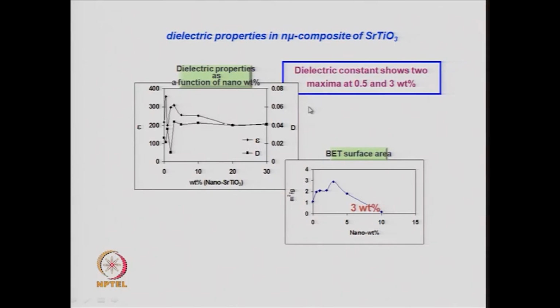So, what is clear from these two cases, both the case of barium titanate and of strontium titanate, that there is a role of the nano dopant or the nanoparticles on the overall property of these composites, of these nano composites, and that is reflected in its surface area, that is reflected in its dielectric constant and its dielectric loss, and it appears that the maximum dielectric constant, which is an important number, is highest when the amount of dopant is close to 1 to 2 or 3%.